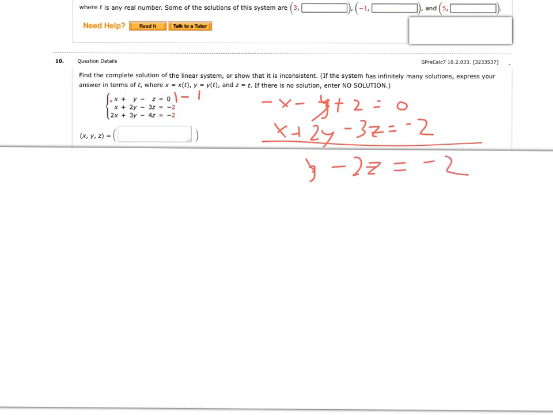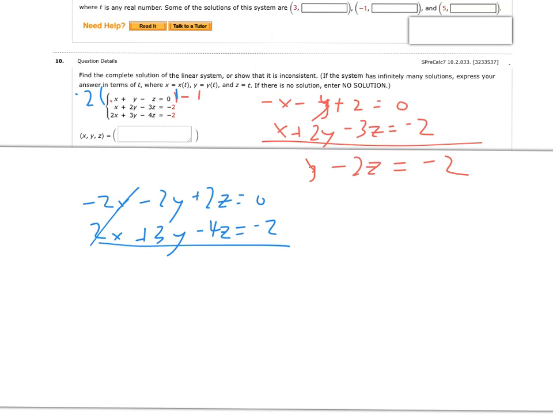And now I'll do this top equation by -2, and then I'll add it together with the bottom equation, since I need to incorporate that one. So we get y minus 2z equals -2.